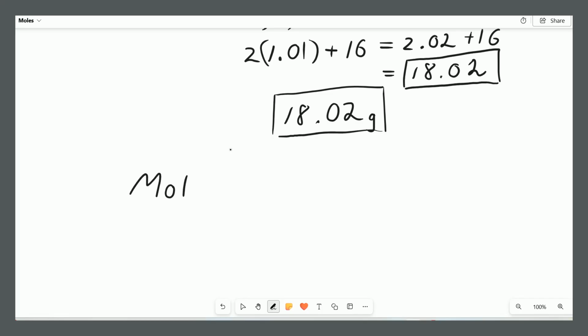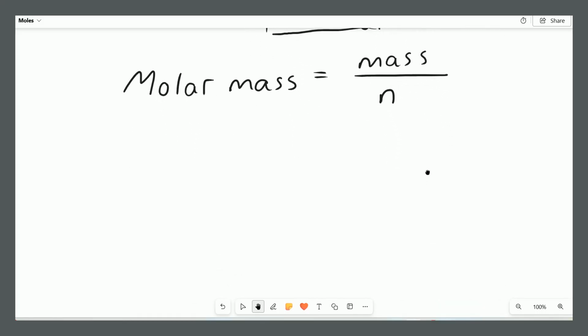Molar mass is the mass per mole. Specifically, it's equal to the mass of a substance divided by the number of moles. Number of moles is represented by a lowercase n.